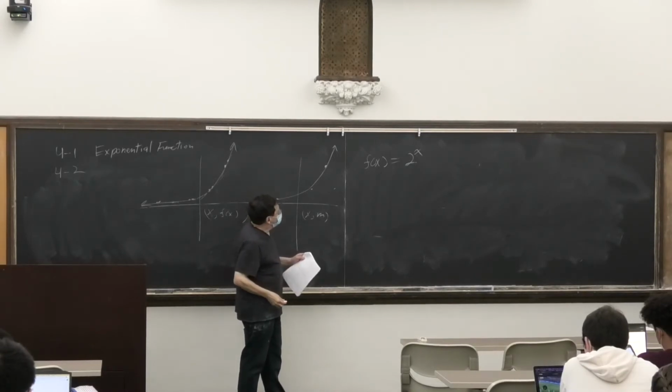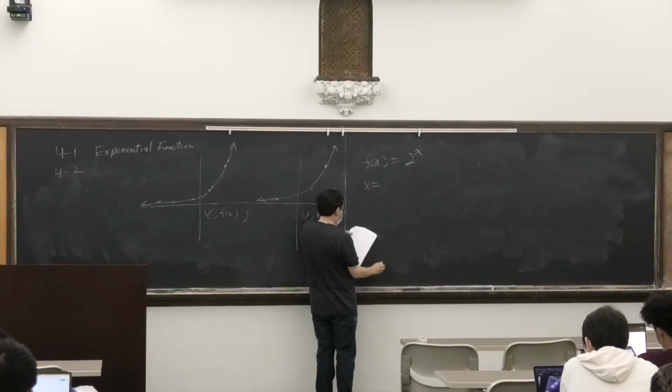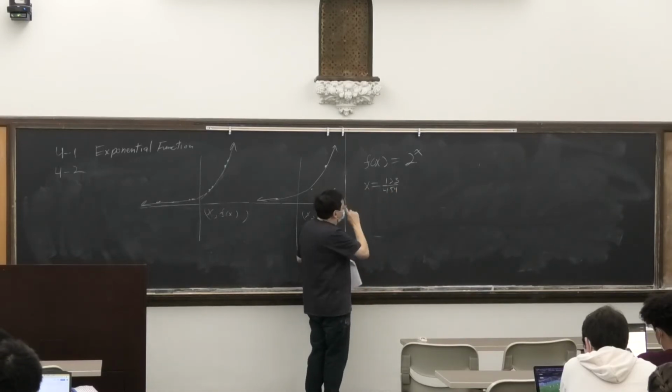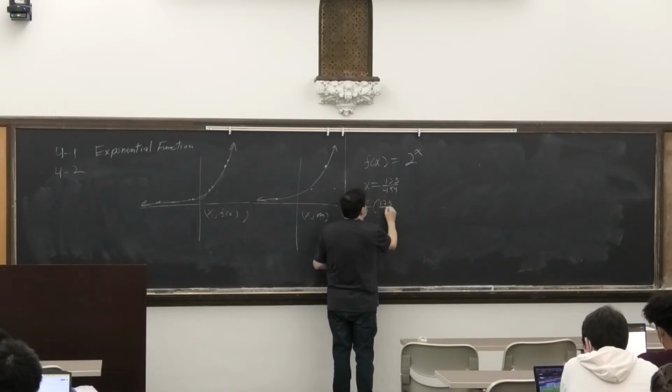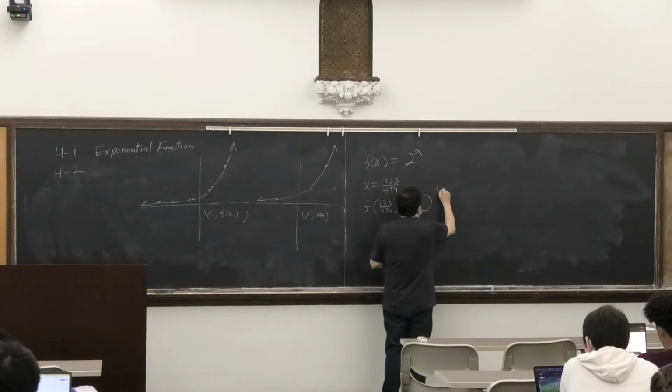And let's say we pick some weird rational value, 123 over 454, just a made up number. So you think about that, so f of 123 over 454 is 2 to the 123 over 454.